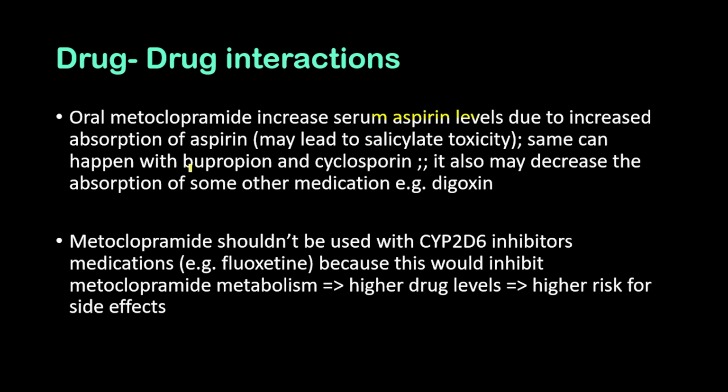And same can happen with the bupropion and the cyclosporin medications. And the metoclopramide may decrease the absorption of some other drugs like the digoxin. And the metoclopramide shouldn't be used with the cytochrome P450 2D6 inhibitors, medications such as the fluoxetine, because this would inhibit metoclopramide metabolism and it would lead to higher drug levels and subsequently higher risk for side effects.